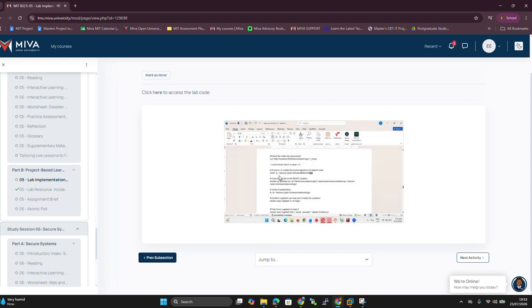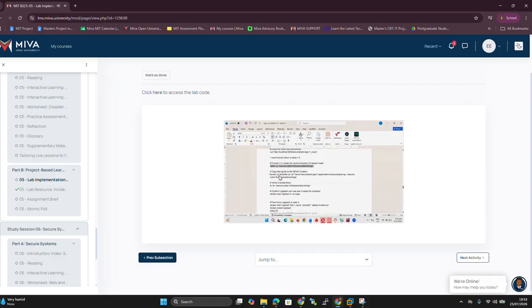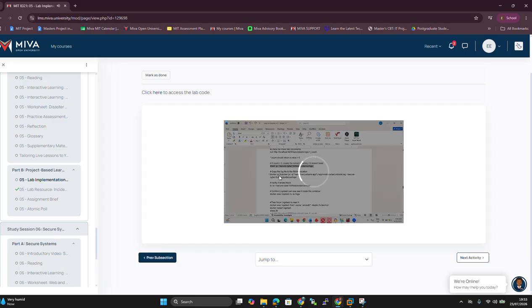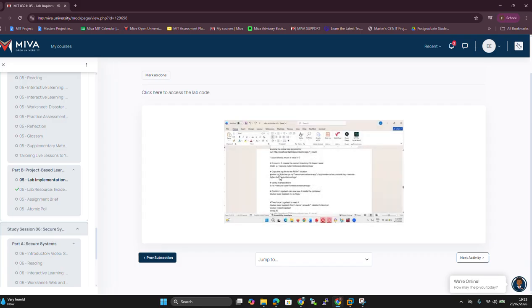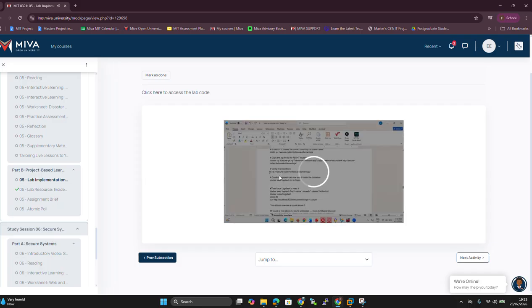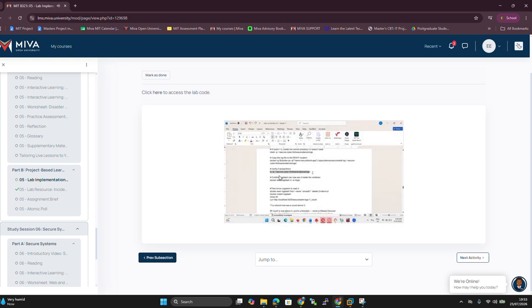So if the count value is not greater than 0, what you can do is make a directory, and then copy what is in the log to the directory you've just created, and then verify that everything is fine by running this command.